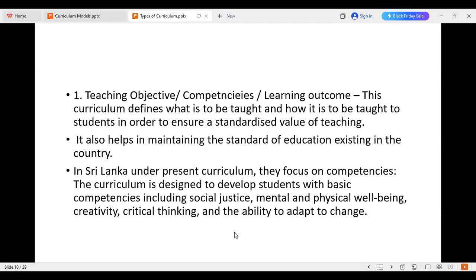The government in Sri Lanka, the Ministry of Education, issues teachers a guidebook. In the guidebook, they have given learning outcomes. Teachers also have the freedom to write their own learning outcomes.